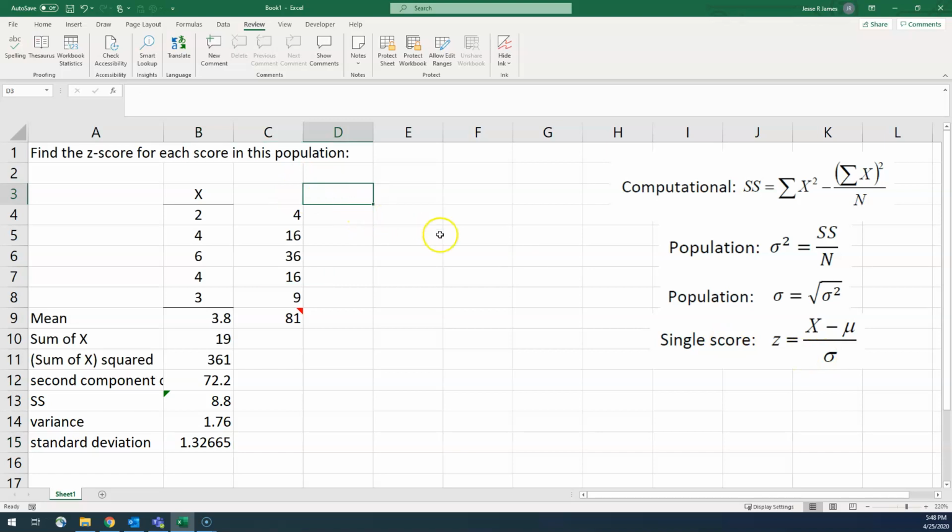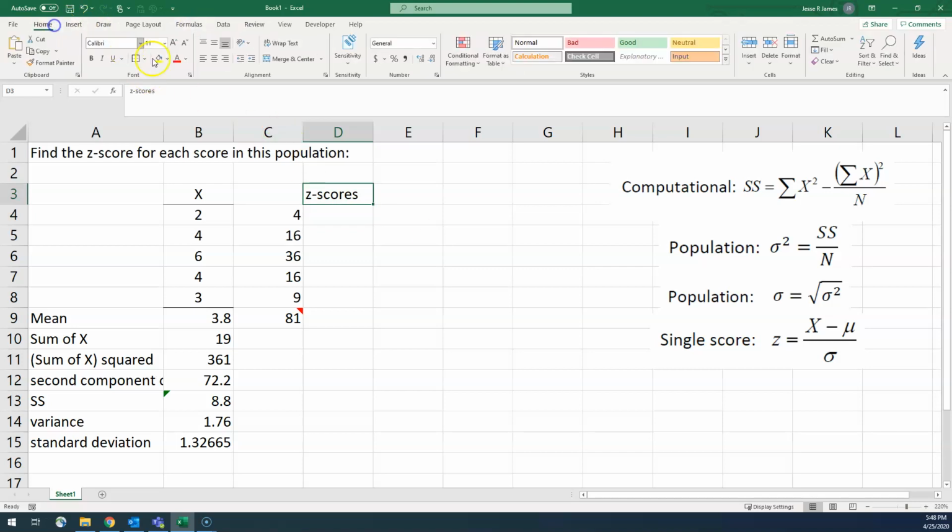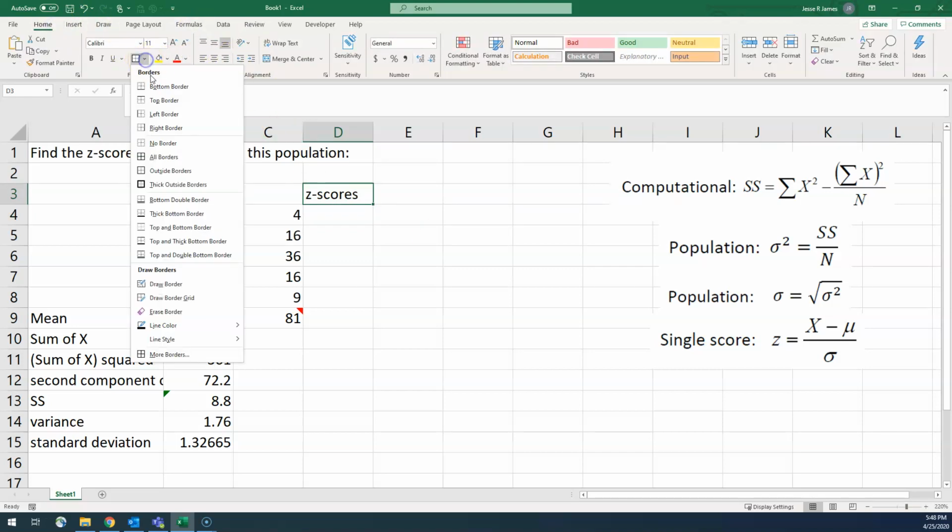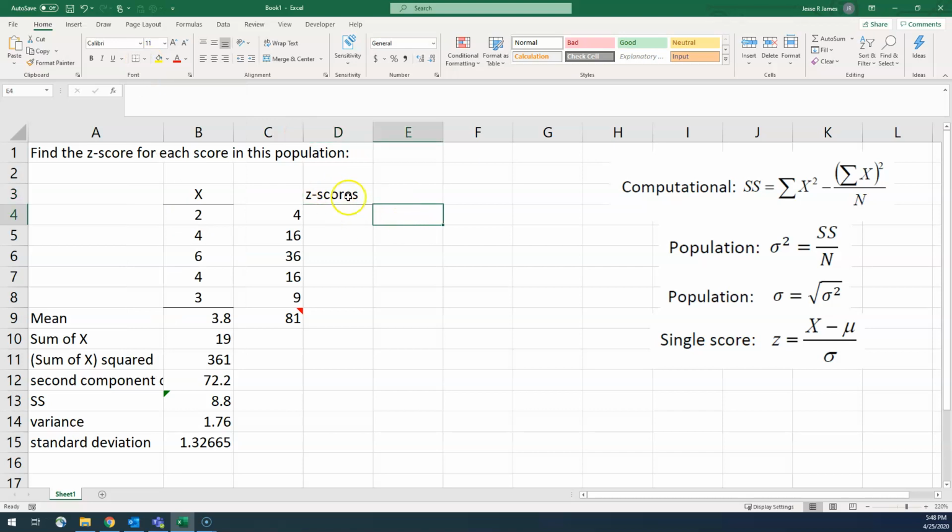So over here, I'm going to write z-scores up at the top. I'll underline that so that we remember that this is the column header. And underneath that, I'm going to create a new formula for each of these values in the original population, transforming them into z-scores.